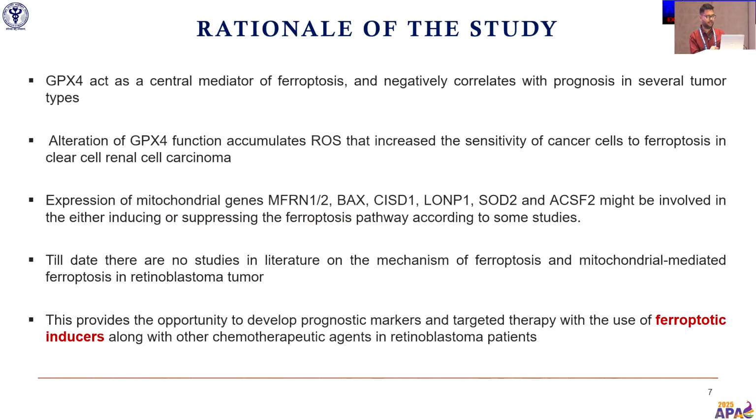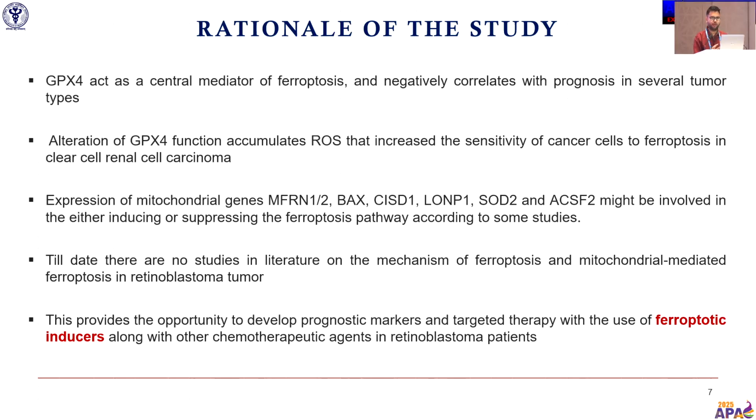The rationale of the study is that GPX4 acts as a central mediator of ferroptosis and negatively correlates with prognosis in several tumor types. Alteration of GPX4 will increase ROS in the cell and lead to ferroptosis, as was seen in renal cell carcinoma.